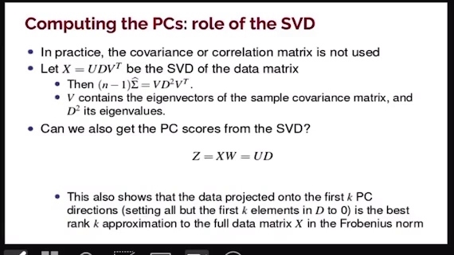Now, how do we compute the principal components? Mathematically, this is how we do it. Singular value decomposition is going to play a role, but we have a way to do this, so don't be scared. In practice, the covariance or correlation matrix is not used directly.